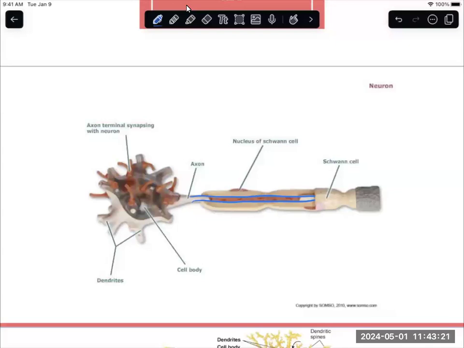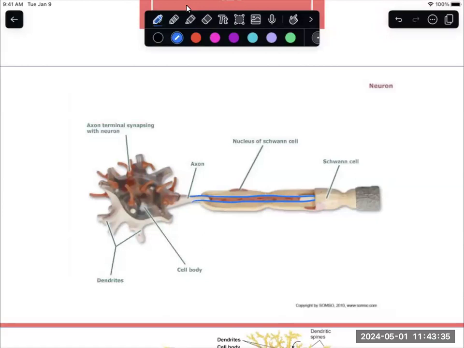It could be the next neuron, could be muscle, glands, organs, whatever, to send information along. These neurons use these axons to send off this information. The axon hillock is actually this little funnel portion that comes down to that actual neuron.